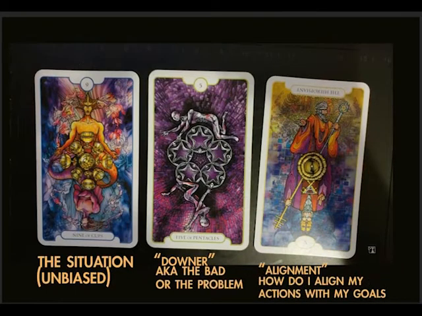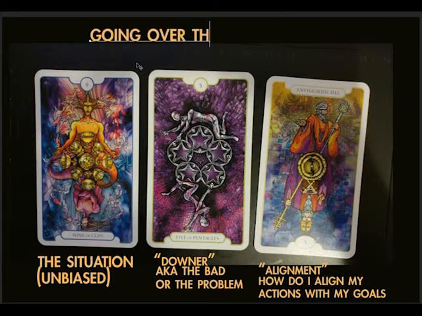Even my past life spreads, I always do a 3-card spread to start with, and then you can pull clarifying cards on that. So once you have your 3 cards, you go to the clarification questions. Oh yeah, so the 3rd card would be the alignment card.